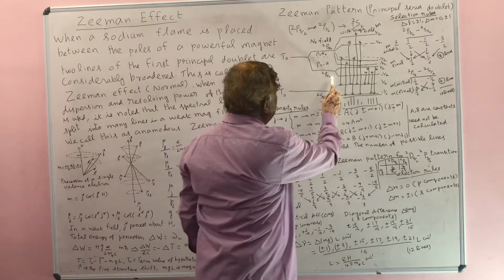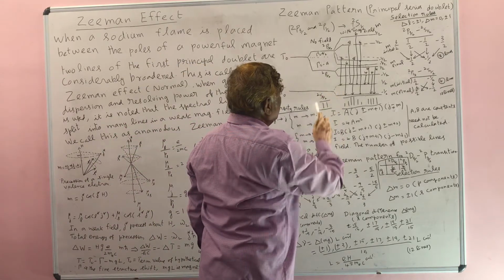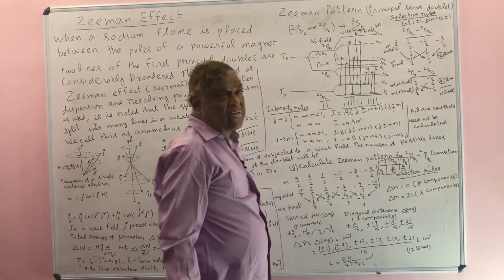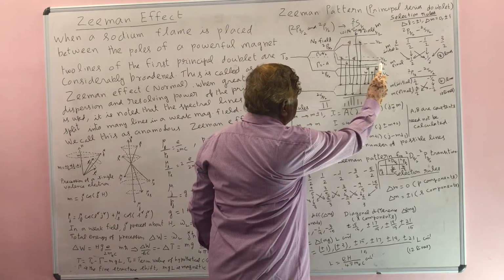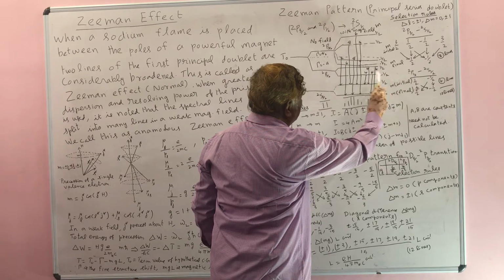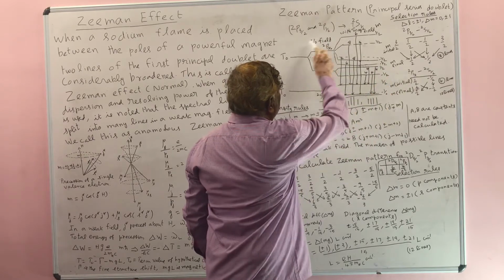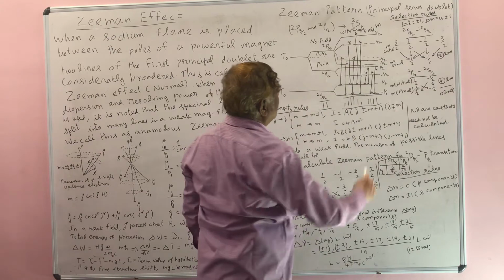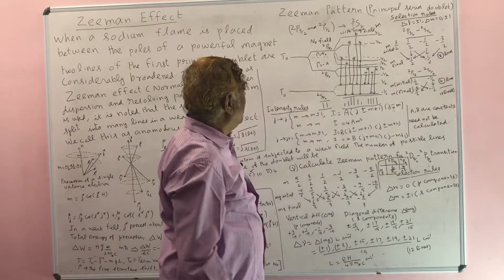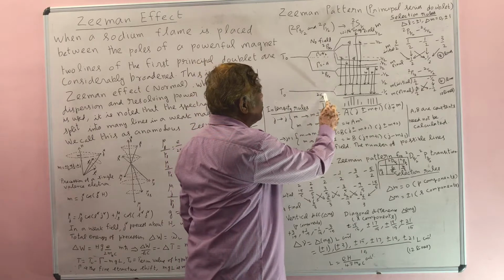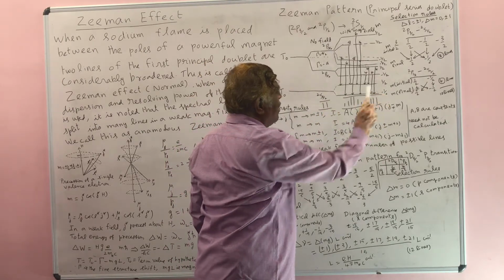Here, J is equal to half, so M will be plus half or minus half. So it splits into 2 levels, M is equal to half and M is equal to minus half. So the upper level splits into 4 plus 2, 6 levels. Here in the lower level, J is equal to half, so M is equal to plus half or minus half.